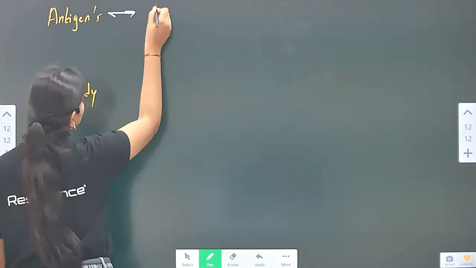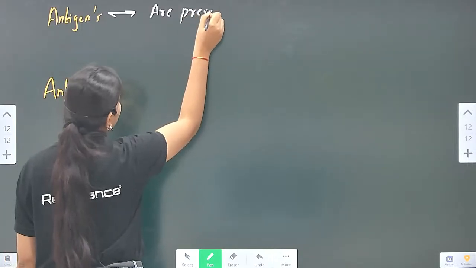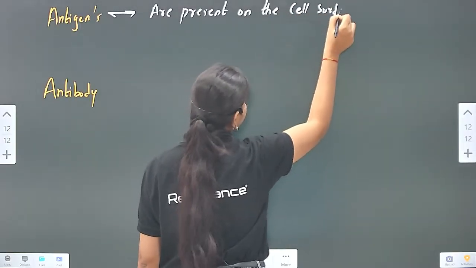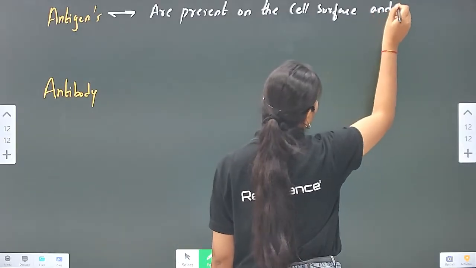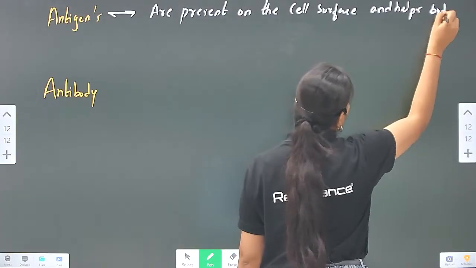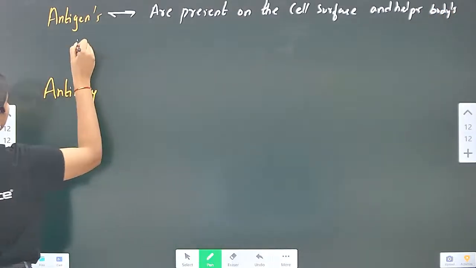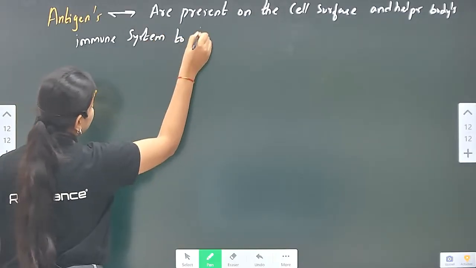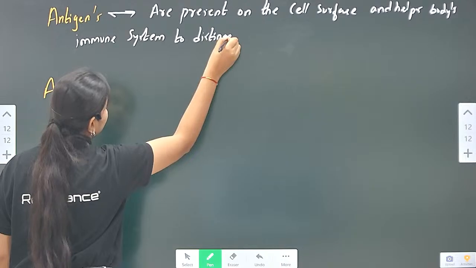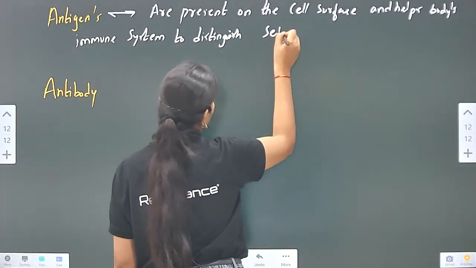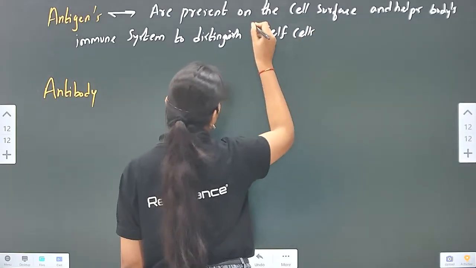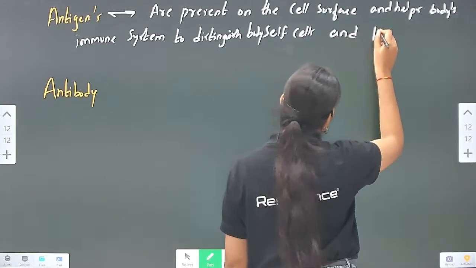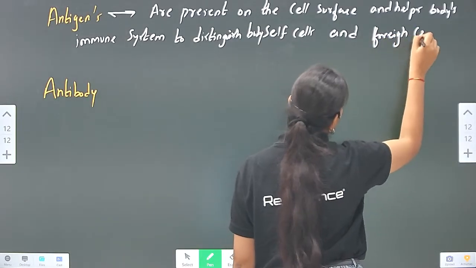Antigens are present on the cell surface and help the body's immune system to distinguish self cells, the body's self cells, and foreign cells.